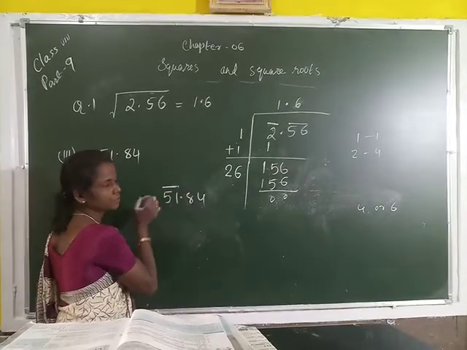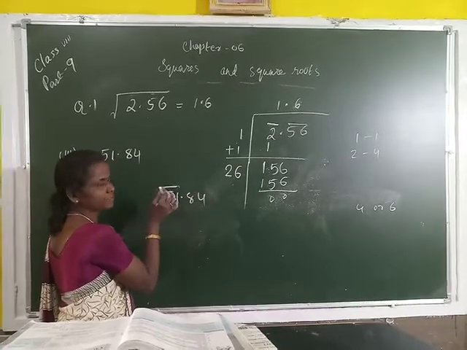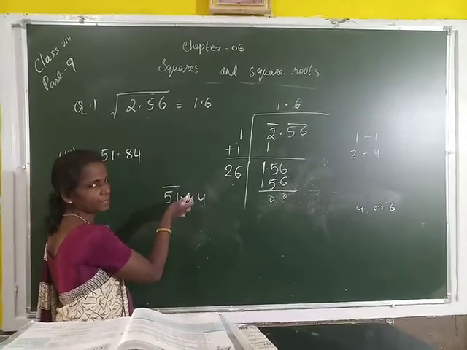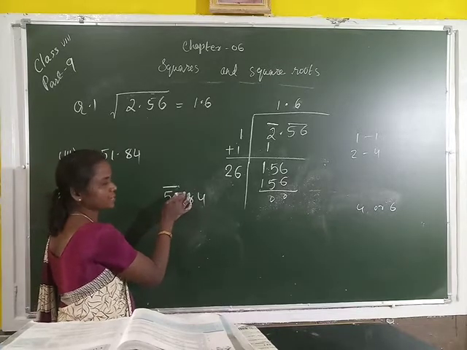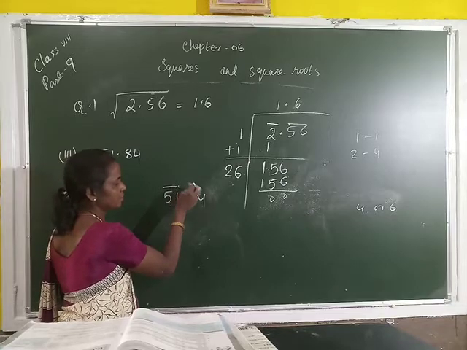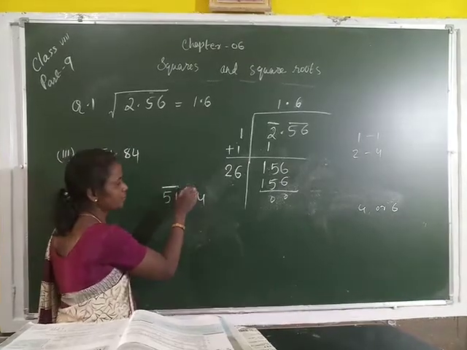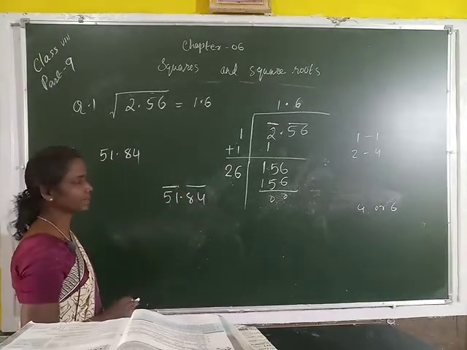So we put a bar. Then next 8 and 4. Then we start from the decimal, first decimal place, the 10th place. So this bar contains how many digits? Only 2 digits. First we put the bar. Is that clear?